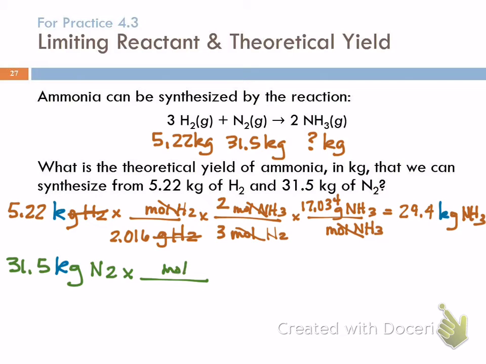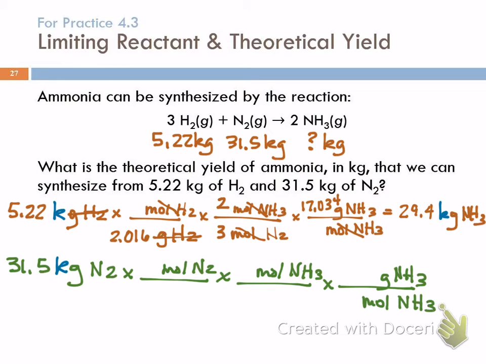Moles of N2, moles of ammonia, grams of ammonia. Down here I've got moles of ammonia. Those are going to cancel, and I've got moles of N2. Those are going to cancel.